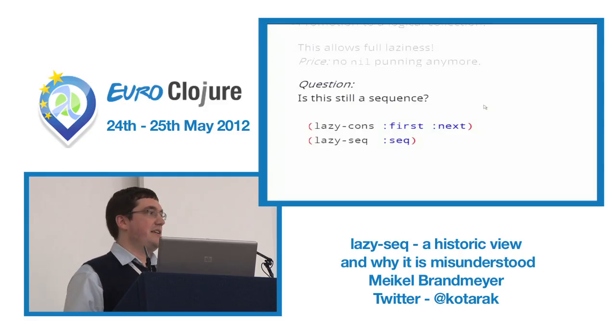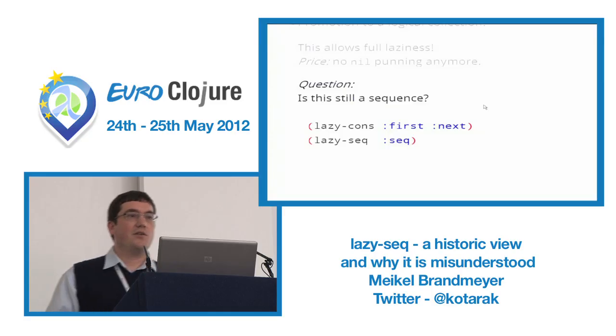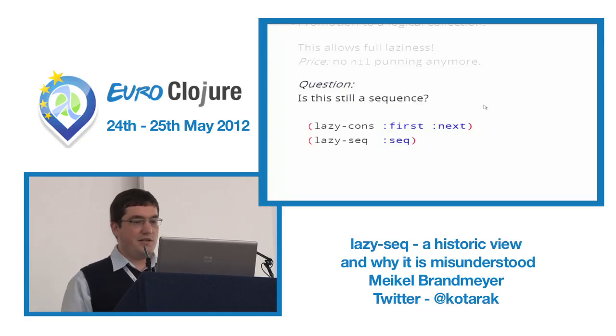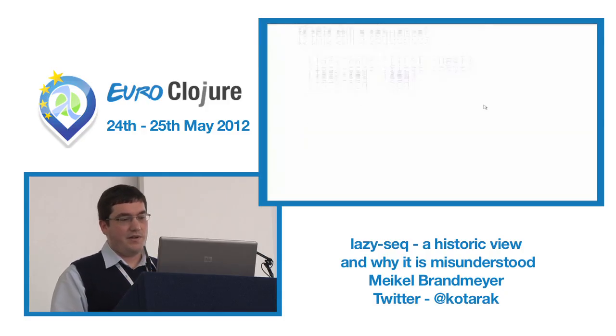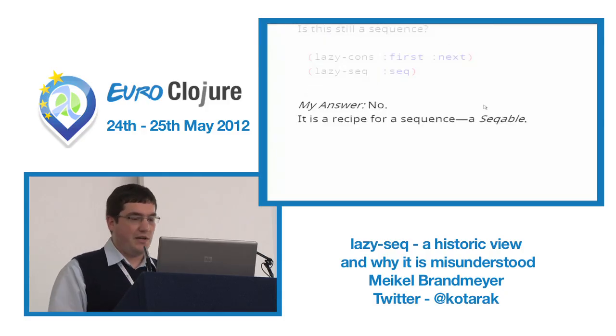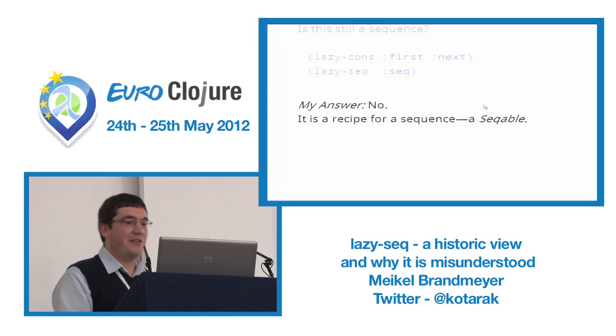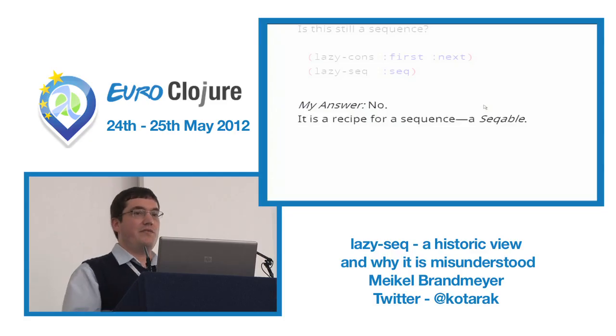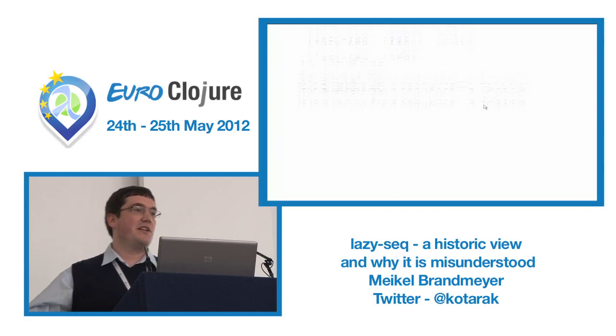And we have lazy-seq, which just takes something which will produce a seek. So it doesn't really take the elements we would expect. And my answer is maybe a little bit crazy, but I think that the lazy sequence actually isn't a sequence at all in the old definition, but it's a seekable, because I have to call seek on it to realize it.